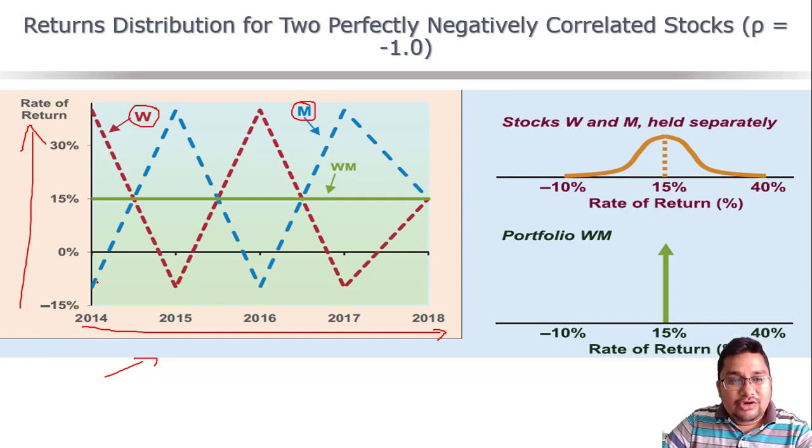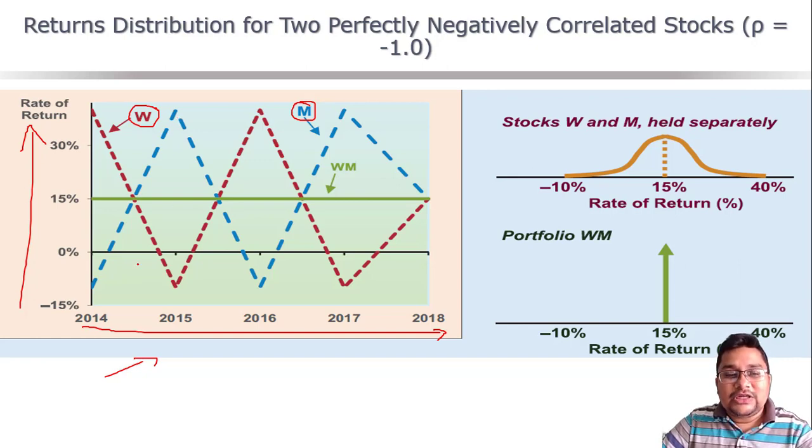You can see the return of W has very high variability. The lowest is close to minus 12%, and the highest is above 30%. And same variability for the green one, the M. But the difference is when W gives you loss, M gives you profit.